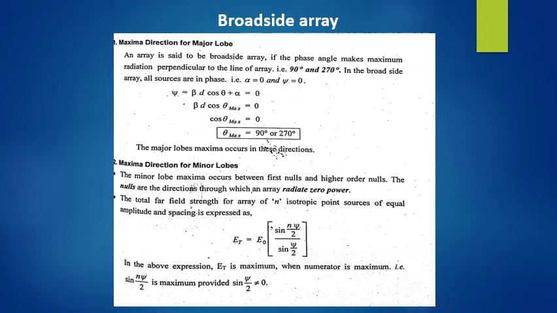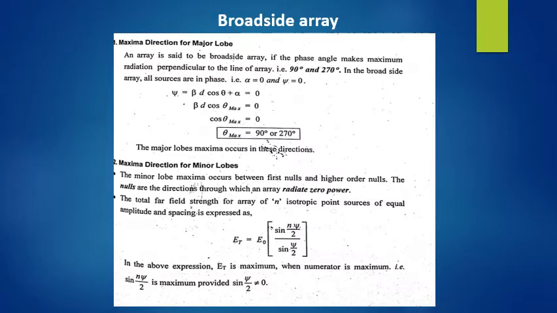Now we'll find out the maximum direction for the minor lobes. The minor lobe maxima occurs between the first nulls and the higher order nulls. We know the total field strength for the array of n isotropic point sources: Et is equal to E naught into sin n psi by 2 divided by sin psi by 2.